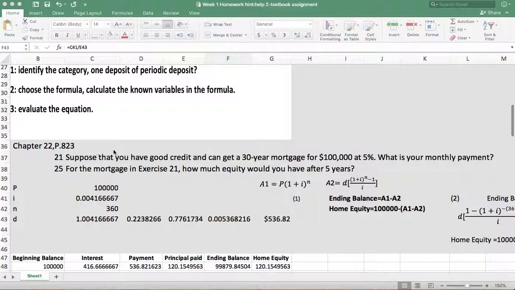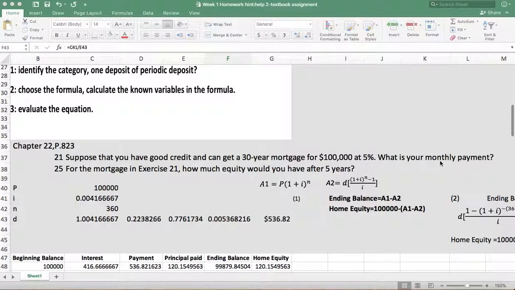Problem 21 is about getting a 30-year mortgage for 100,000 at 5%. This 5% means nominal annual rate of interest.